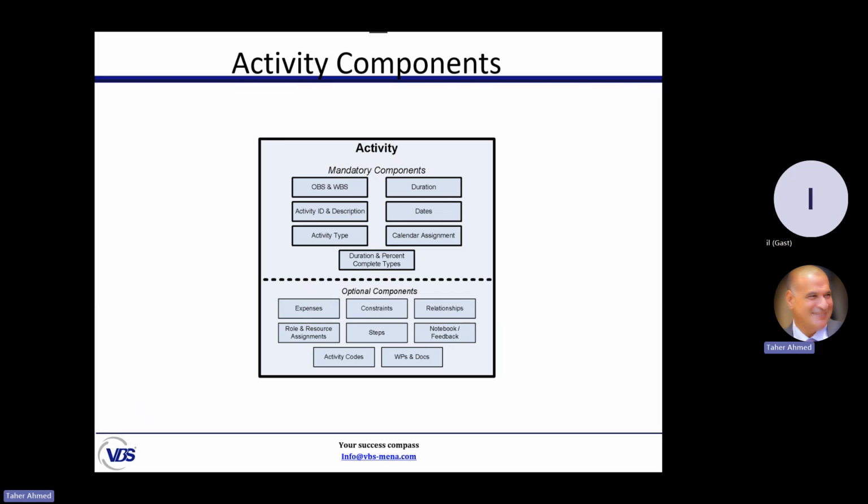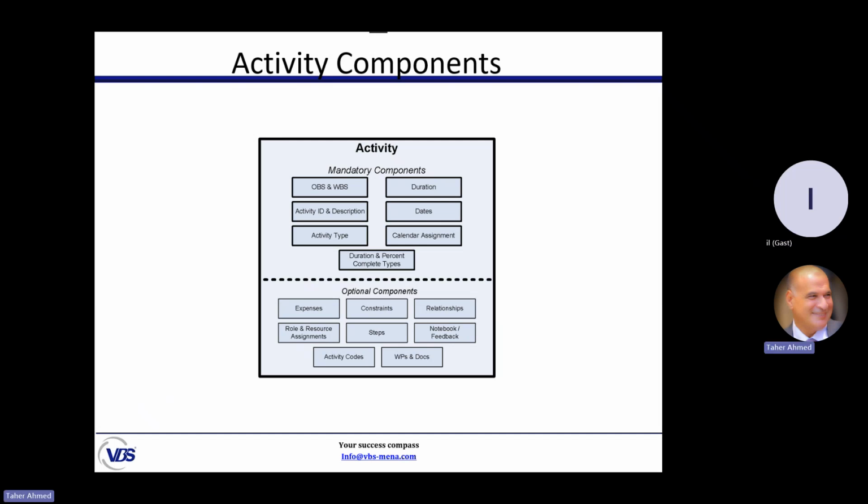We need the activity ID and the description of the activity, a detailed description which will be understandable by everyone on the project. Dates of the activity, the type of activity, and the calendar, meaning what type of calendar this activity works with. Finally, the duration type and the percent complete type for this activity. This is the mandatory information.